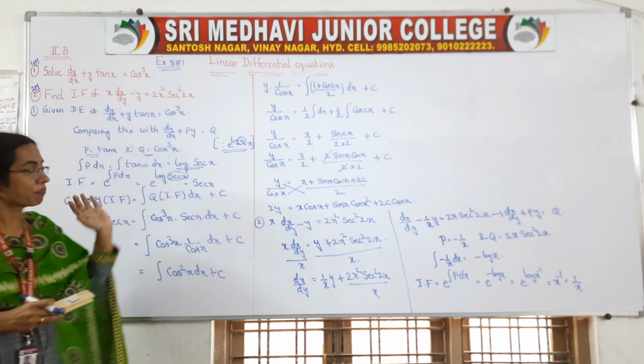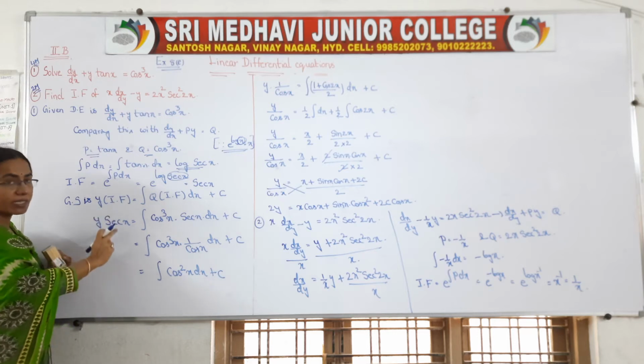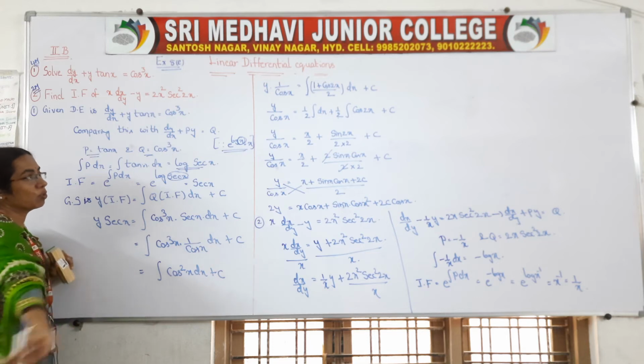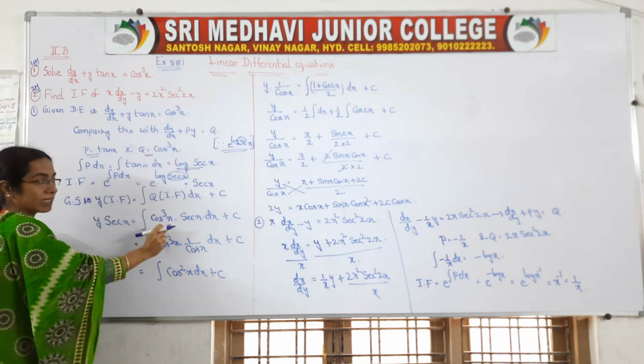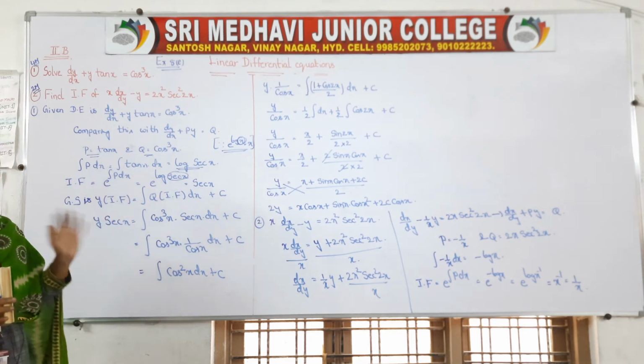plus c. So y into integrating factor, which is secant x, is equal to integration of q. By comparison, the q value is cos cube x into the integrating factor, that is secant x, into dx.